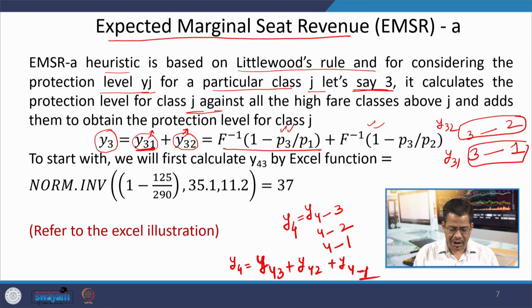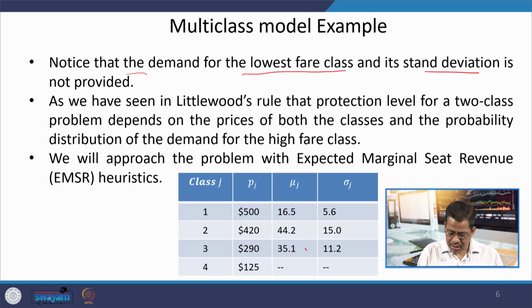the total answer. So, here we can use our Excel knowledge, and using that we can calculate the normal inverse function using the data given to us of standard deviation and mean available for a particular class.